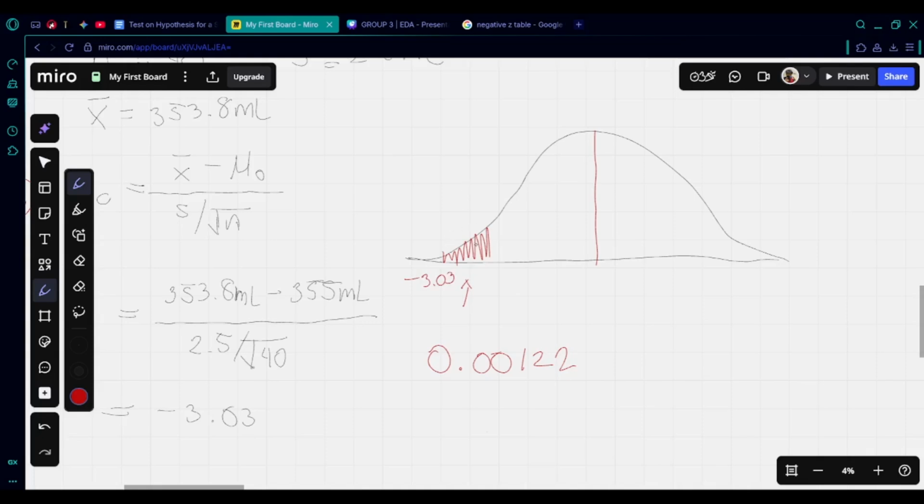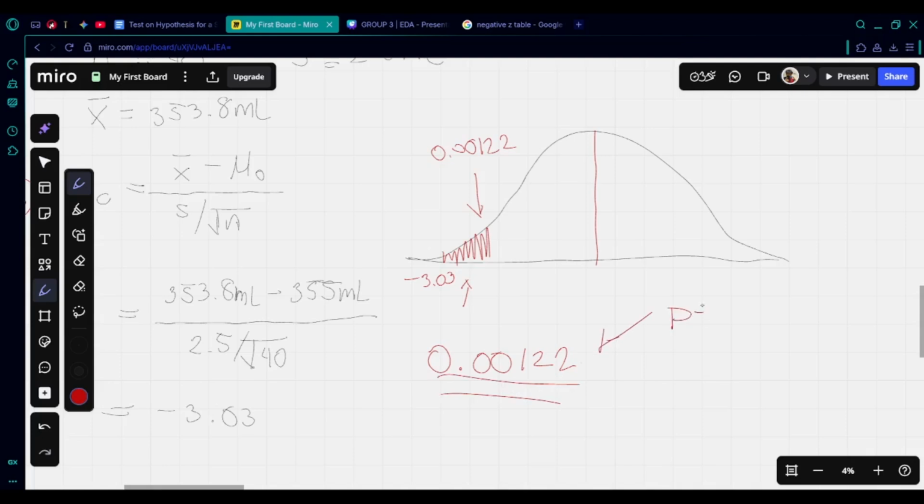Since ang kailangan lang naman natin ay itong value ng shaded region na ito, which is nakuha na natin, which is yung 0.00122. Now, this is our p-value. Since wala naman tayong kailangan i-add dito, ito na yung ating p-value.